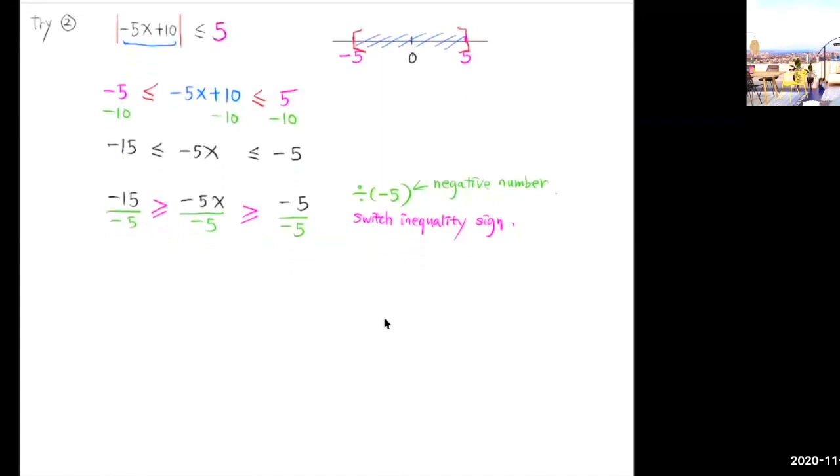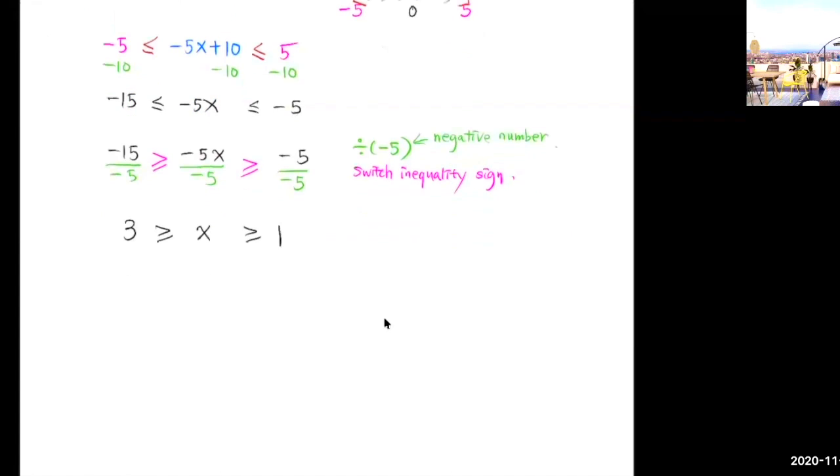Now we get to this. We have 3 greater than or equal to x, greater than or equal to 1. This is correct, however it looks a little awkward because we normally want to write from small to big. So a better way to write this is this way.